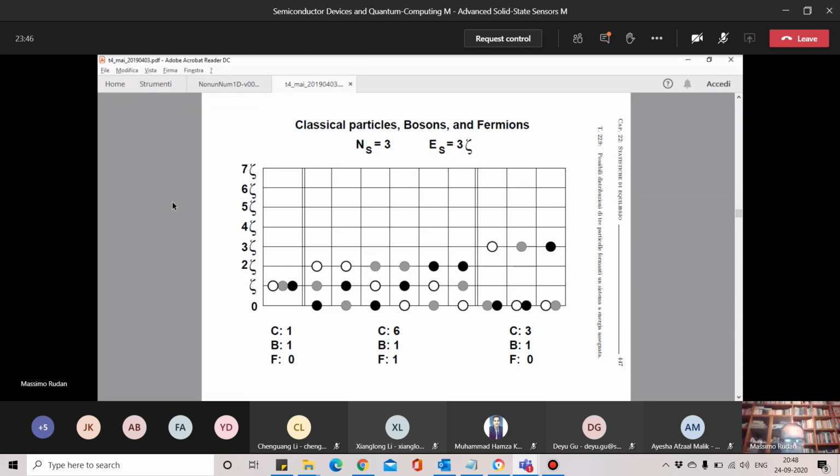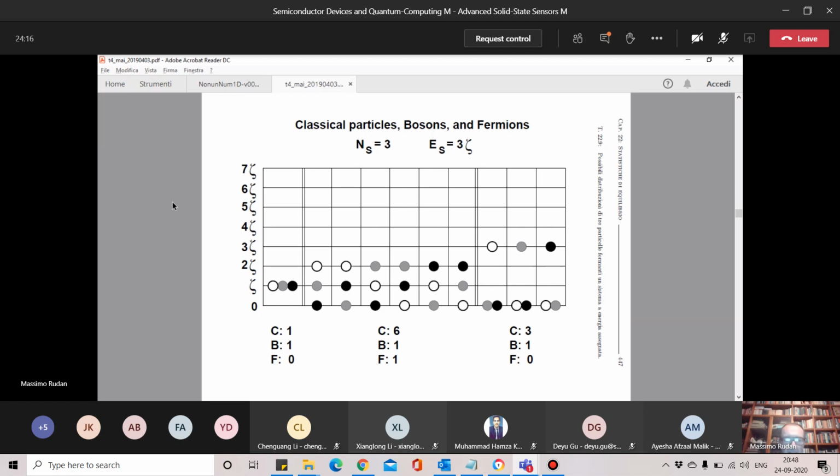The lowest is 0. Then we have one energy state at Z, then 2Z, 3Z, and so on. We assume that these 3 particles are in an equilibrium condition in which the total energy is 3 times Z. Okay?